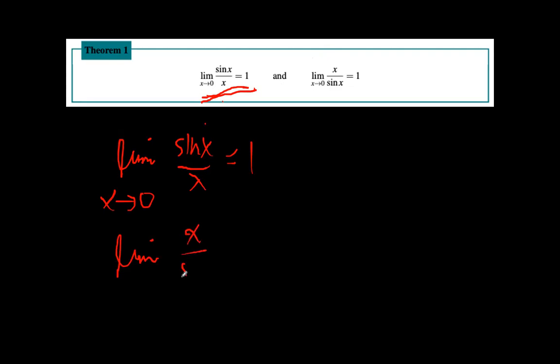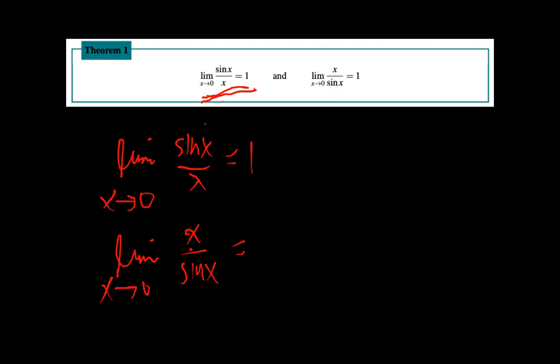Let's use the first theorem. The limit of sine x over x as x approaches 0 is equal to 1. We will be solving for the limit of x over sine x as x approaches 0.